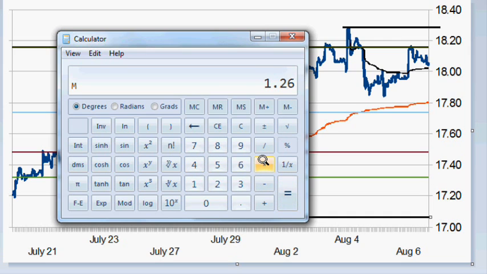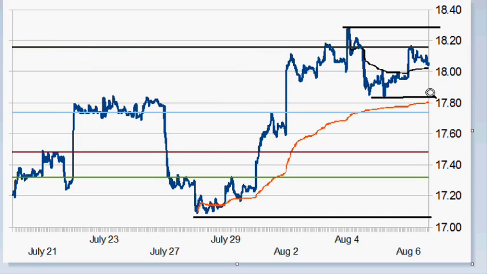We take this 26 and multiply it by the first Fibonacci level of 38.2%. So a reduction of 48 cents from 18.30 would be the next support level, which is roughly about 17.82, right where we found support. So it's already found support at its first Fibonacci level.